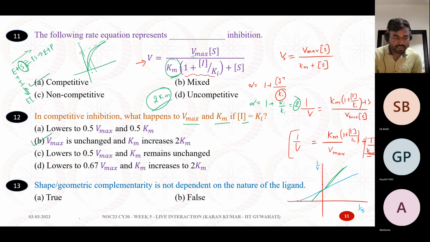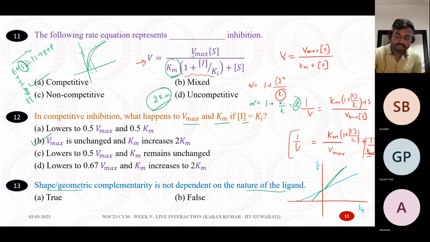Next quick question: the shape and geometry complementarity is not dependent on the nature of the ligand. Is it true or false? Does the shape geometry depend on the nature of the ligand?